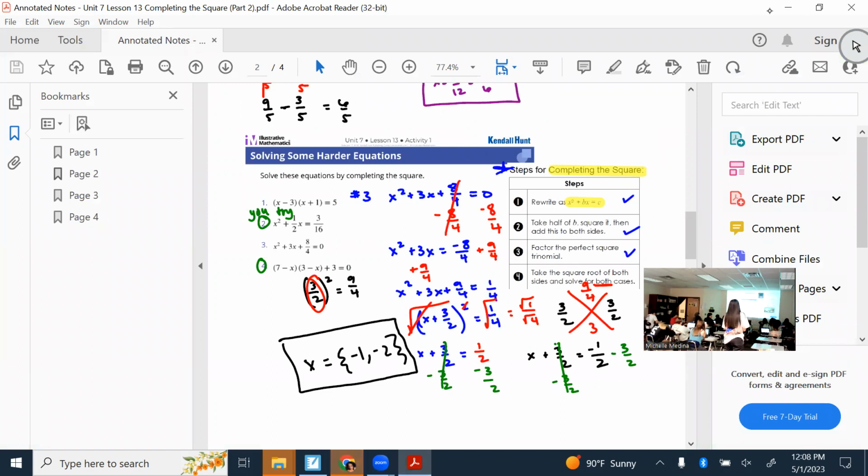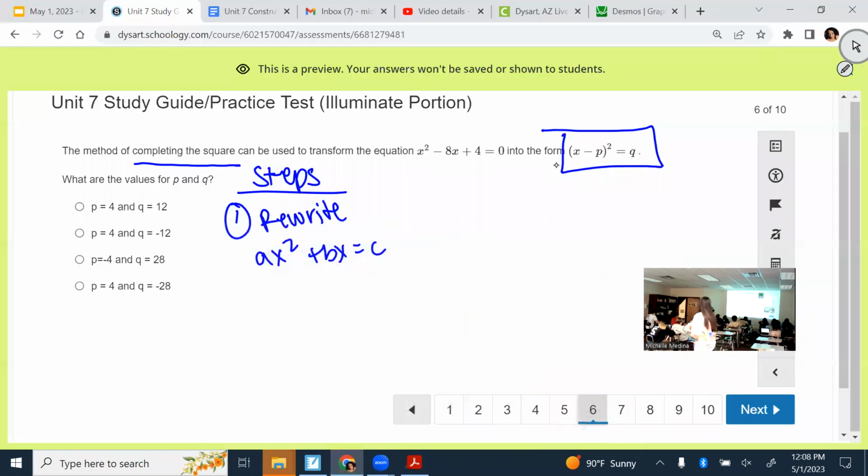It wants the C to be alone on one side. So move the C. What's my C? How do I move it? Whatever you do on one side, you do on the other. So that cancels there. I get x squared minus 8x equals 0 minus 4, which is -4. So that's step 1.